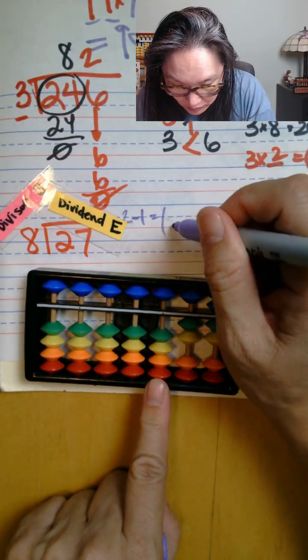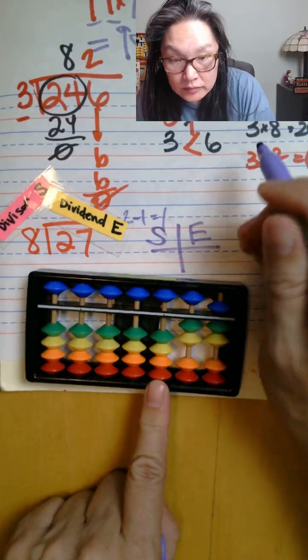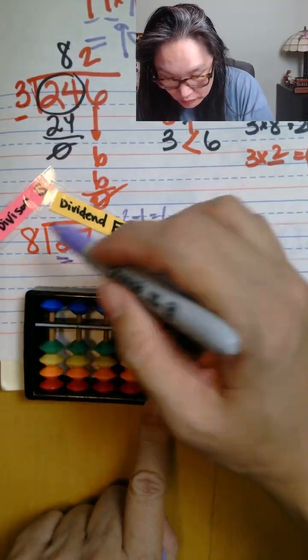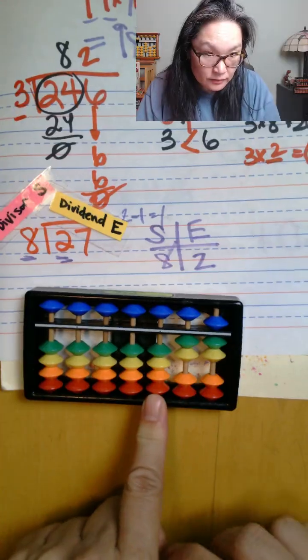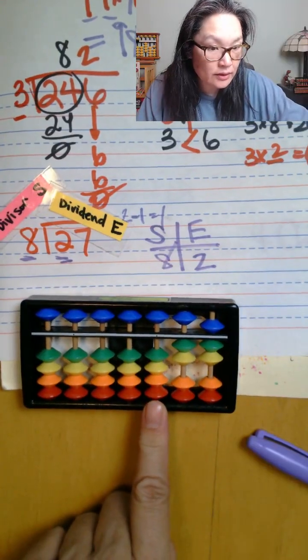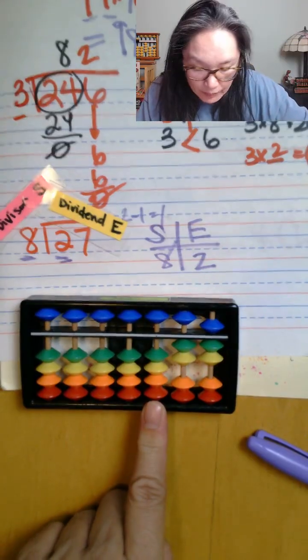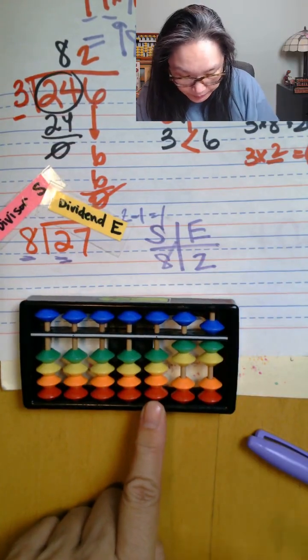So now, who is bigger? 2 or 8? 8. Yes. Okay. 8 is bigger.